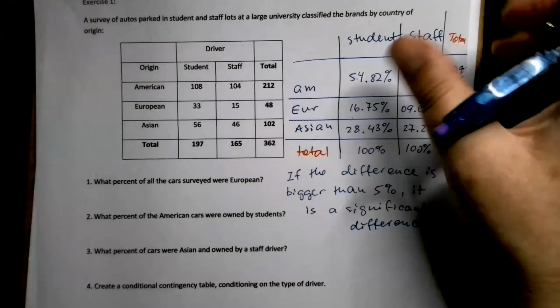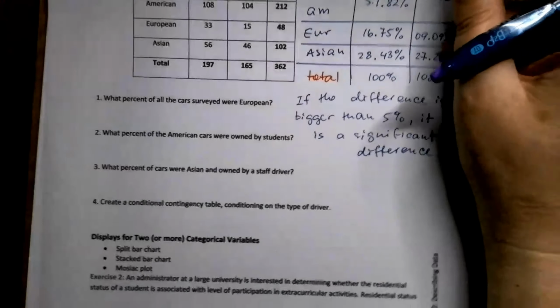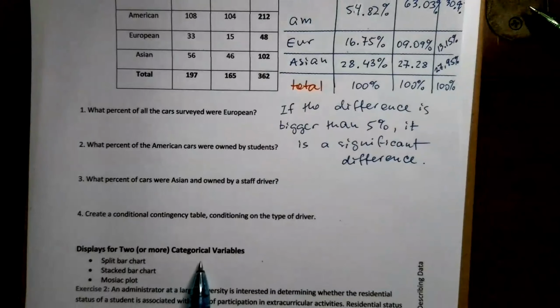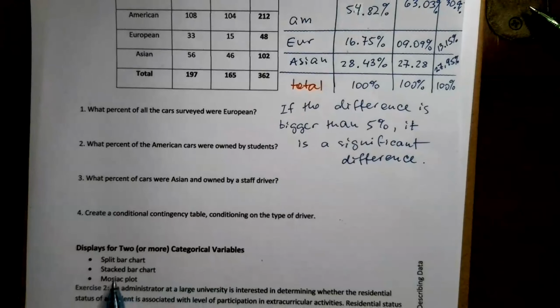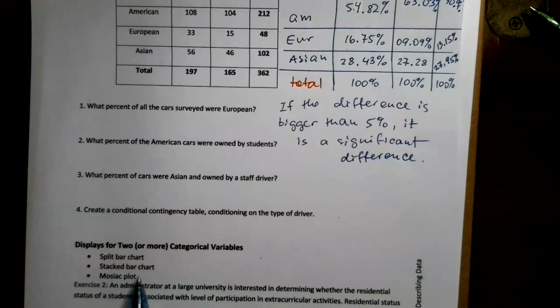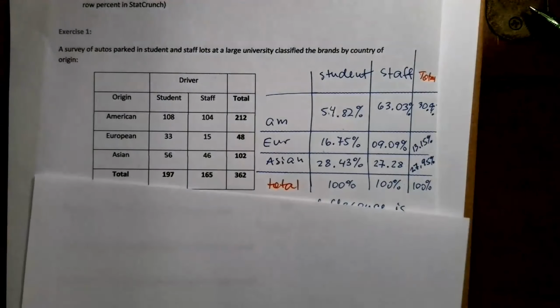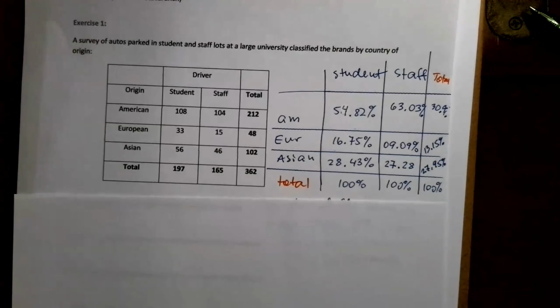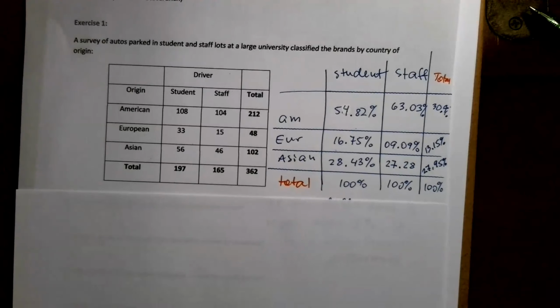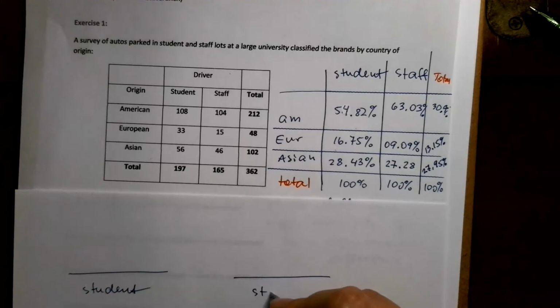There is one more thing I want to mention: how to display two categorical variables. We're going to talk about the split bar chart, the stacked bar chart, and the mosaic plot. For this data set, a split bar chart would have our chart for students and for staff.